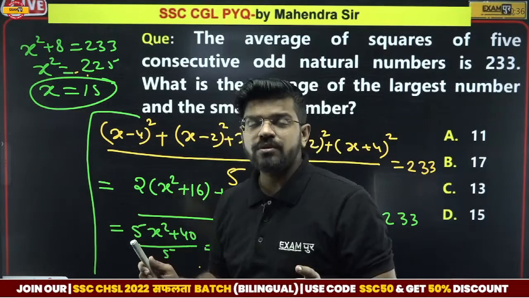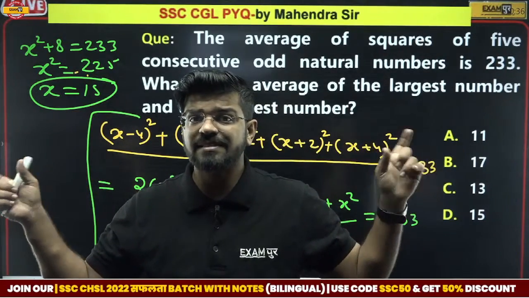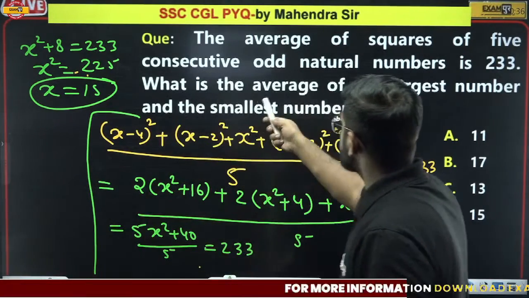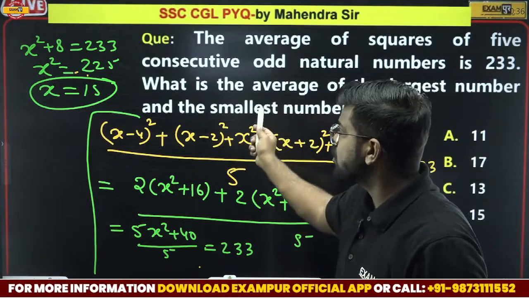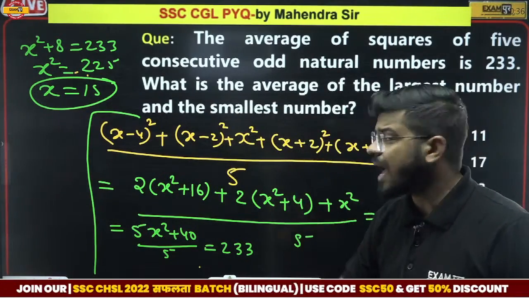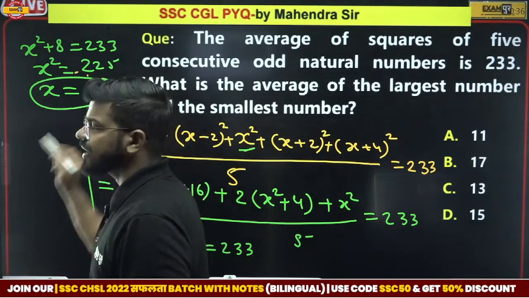So also we know that if there are consecutive numbers, the average of the first and last number gives me the average of the whole series. So the question is asking the average of the largest and smallest, that means the average of x minus 4 and x plus 4. This will give you the average of the whole series, that means x. So 15 is my right answer.